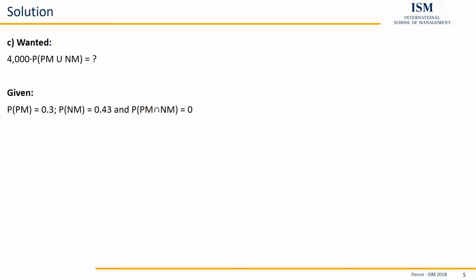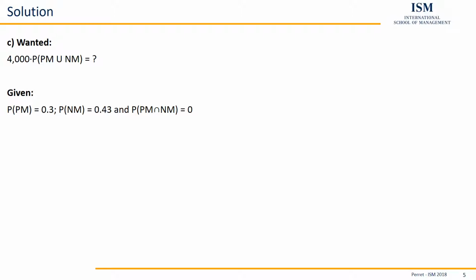We know the probability of studying PM is 30%, the probability of studying NM is 43%, and implicitly, as there's nothing else in the exercise, we assume that everyone studies just one study program, which also makes sense for most students. So the probability of someone studying PM and NM at the same time is 0.